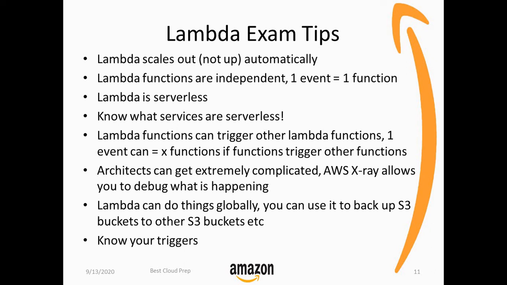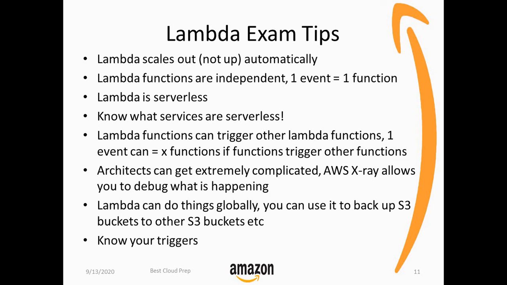So RDS is not serverless, even though you don't have to worry about the operating system. Amazon takes care of it. There is still an operating system there that they have to go and patch. You still have downtime whenever Amazon is doing maintenance and stuff. The exception to that obviously is Aurora Serverless.